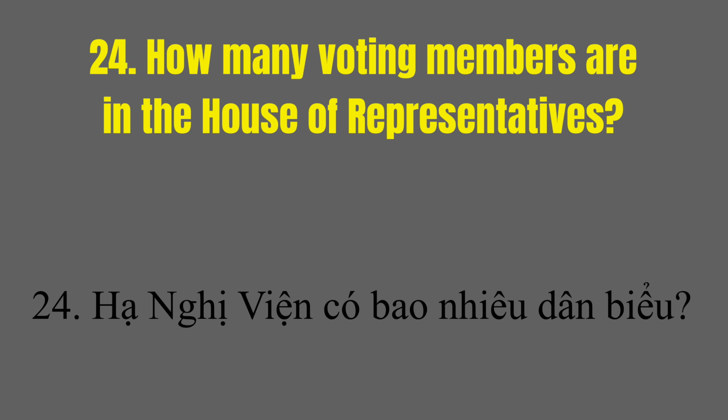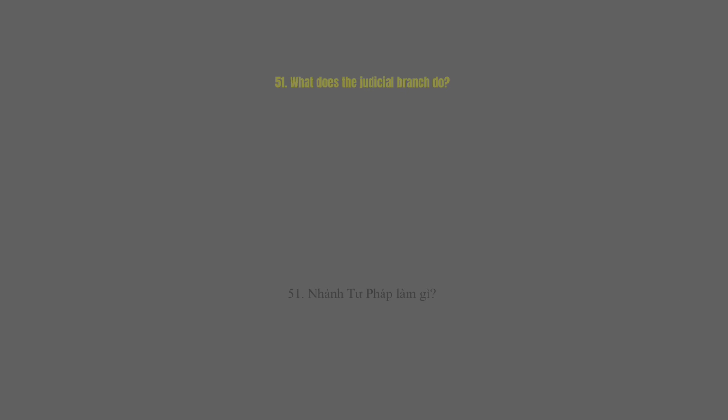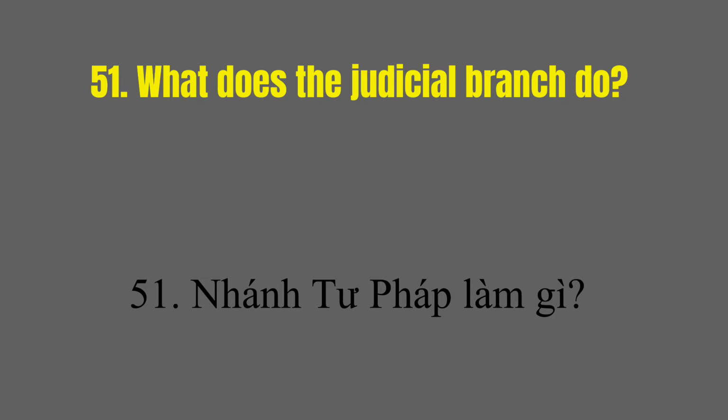How many voting members are in the House of Representatives? 435. What does the judicial branch do?